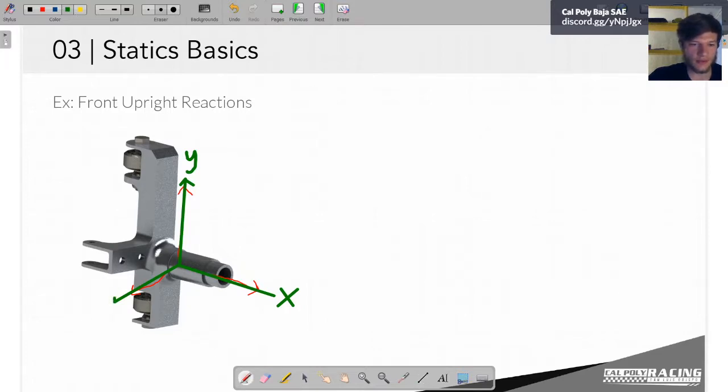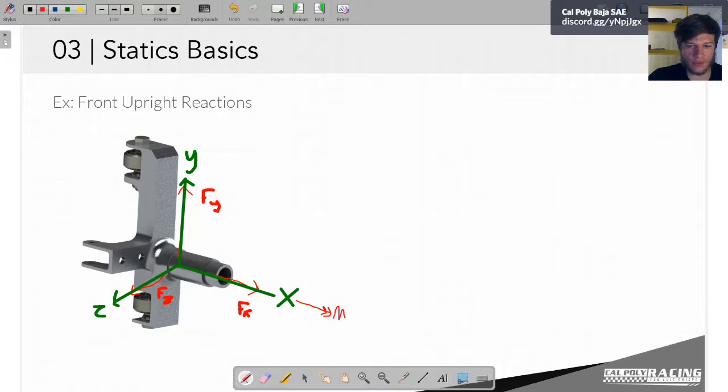X, Y, and Z. And I'll go ahead and label these forces F X, F Y, and F Z. And then we also have moments. So we'll draw another moment coming out here.